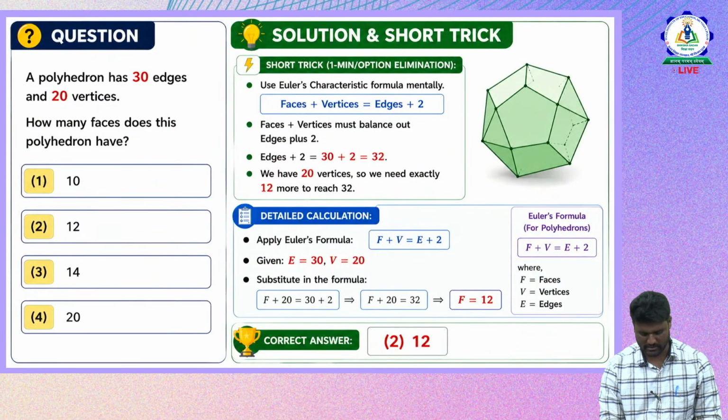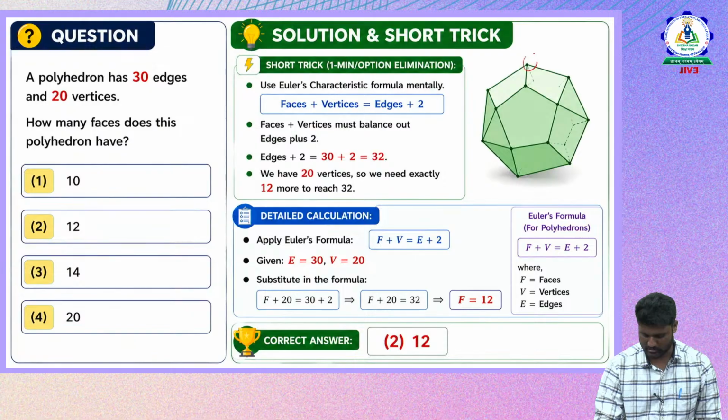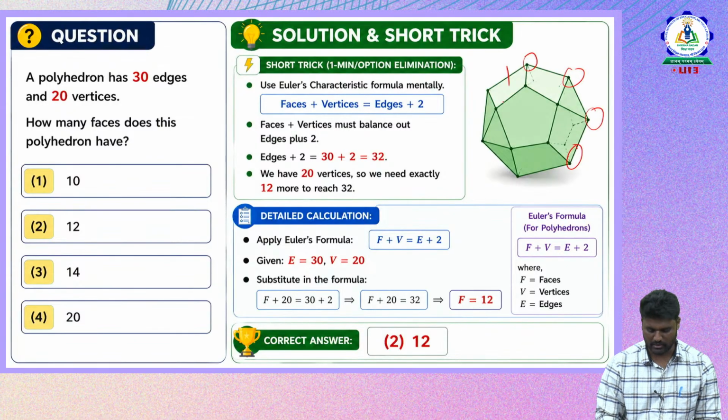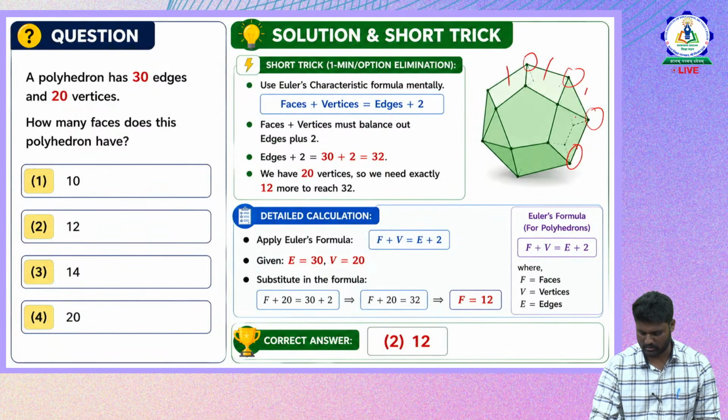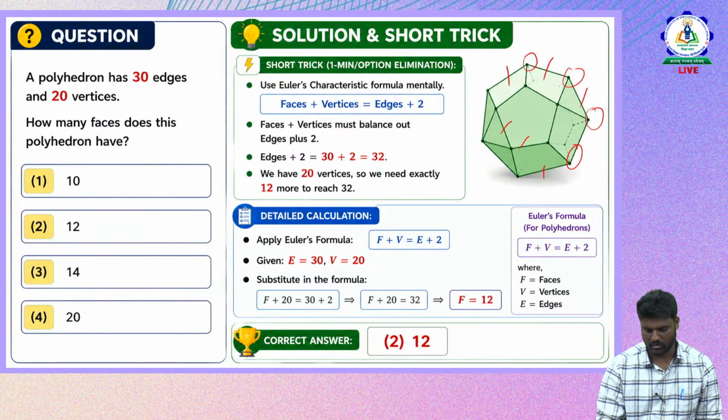Now in this case, what they have asked: the polyhedron has 30 edges and 20 vertices. We need to identify how many faces the polyhedron has.